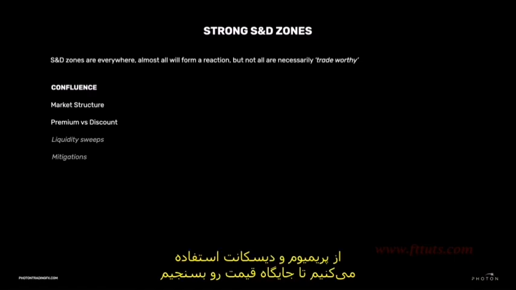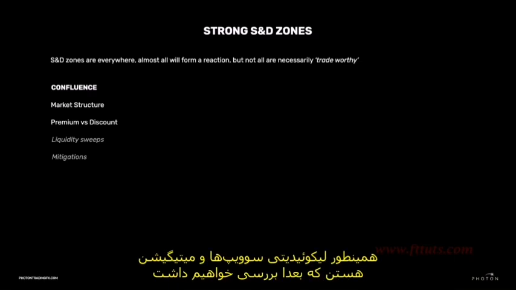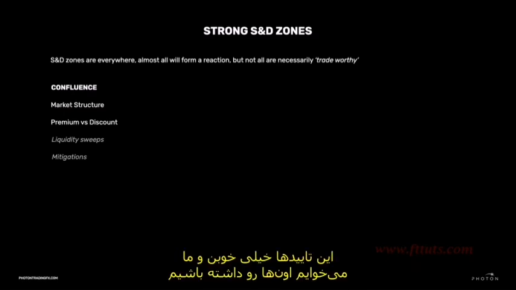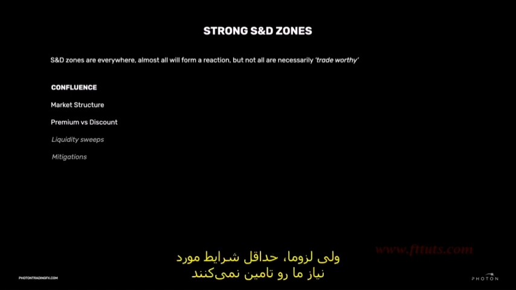So we can use market structure to help us with direction, premium and discount to see how well priced the zone is, and then liquidity sweeps and mitigations, which we will cover at a later point. All of these are pretty nice to have, and we really do want to see them, but they do not necessarily have to be a very strict minimum requirement.